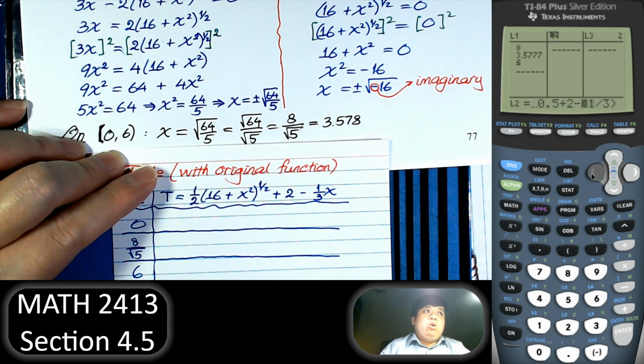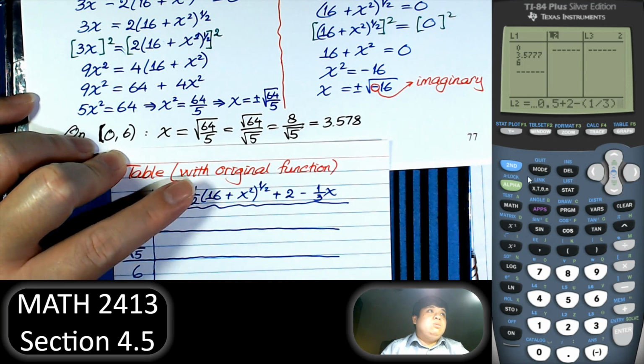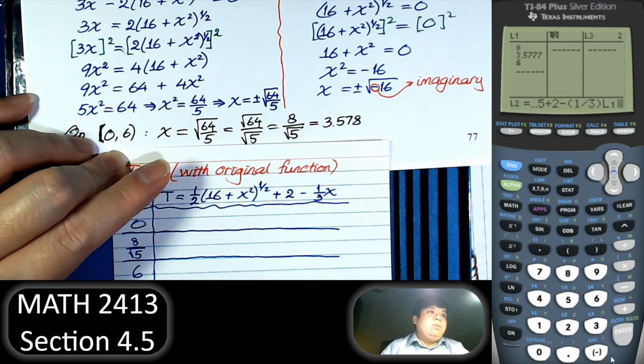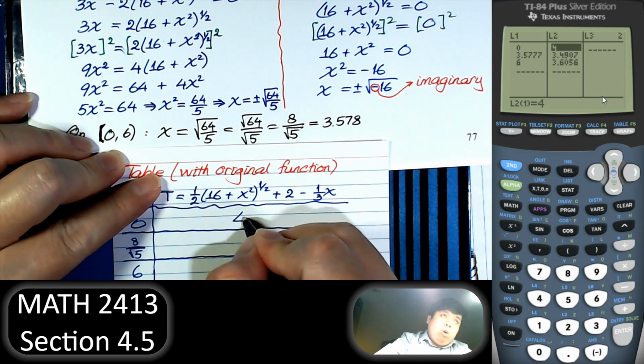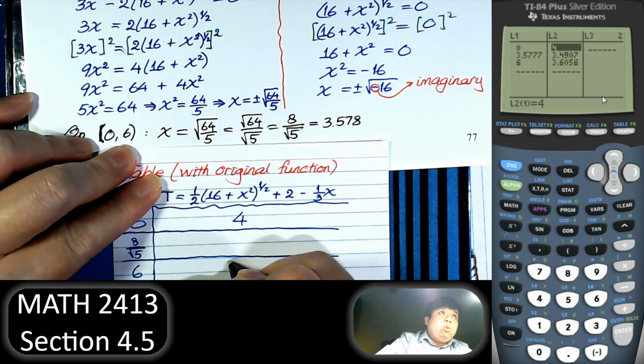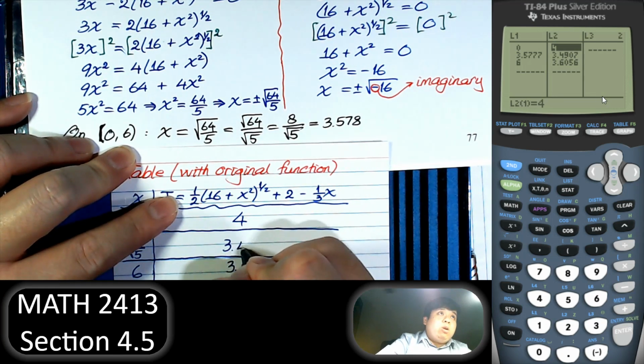But of course we're not going to use x, we have to use the list. So we cannot put x there, we have to use L1 for x in the function. And we have these values: 4, 3.6 and 3.49.